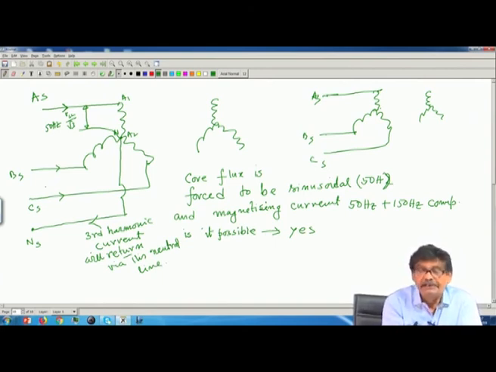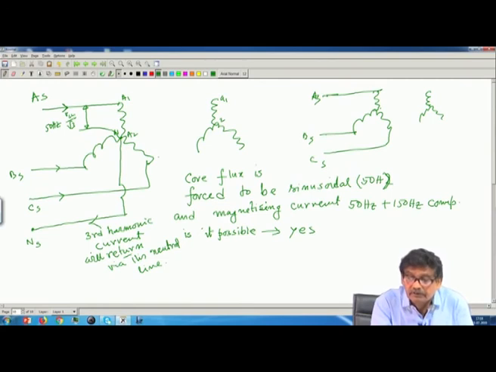And if that be the case, third harmonic current can flow. In this connection, flux will be sinusoidal. Therefore, in the secondaries of this transformer, small a 1, a 2 etcetera, only 50 hertz voltage you will get, both line to line as well as phase, because no third harmonic flux exists.